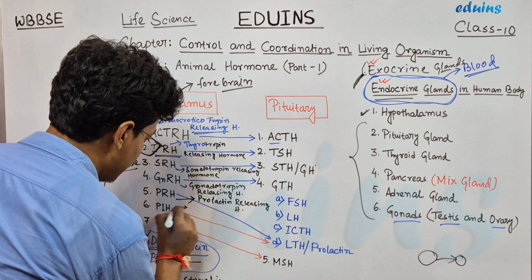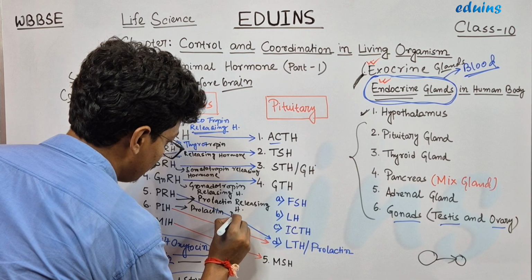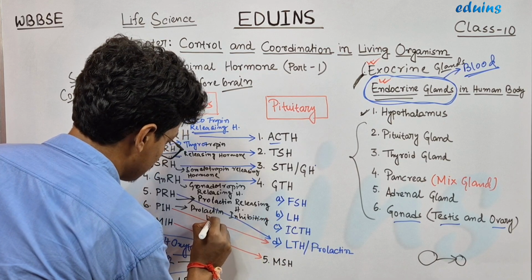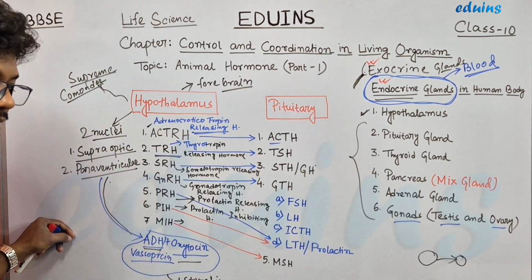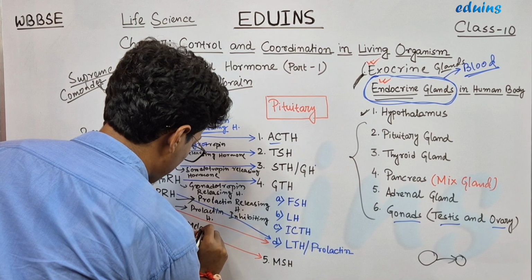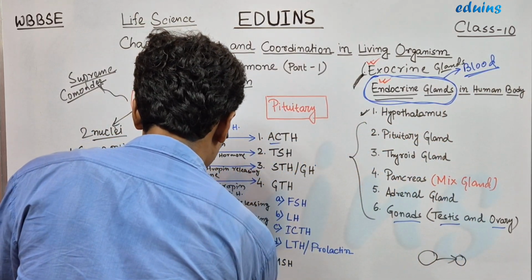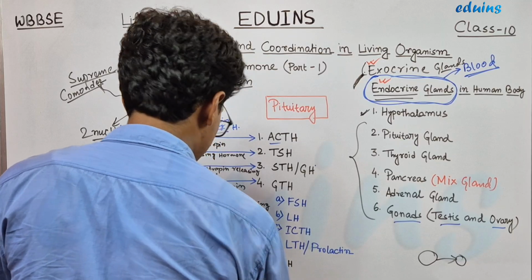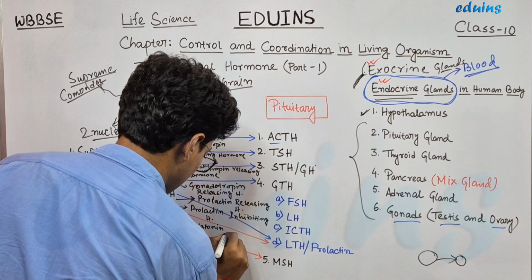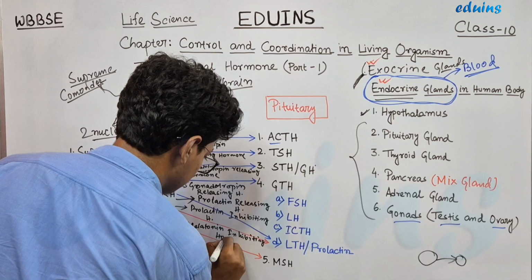Number 6 PIH, which is prolactin inhibiting hormone. And number 7 MIH, that is melatonin inhibiting hormone.